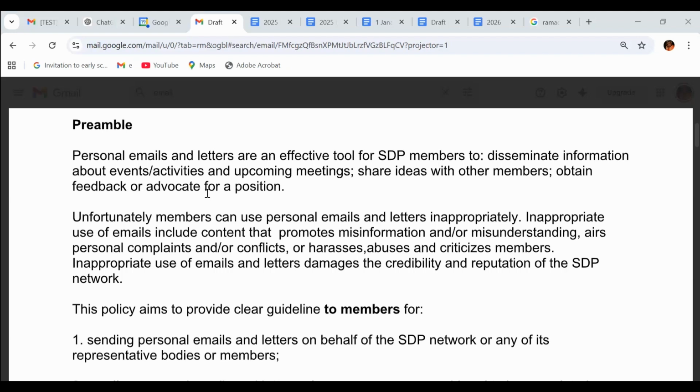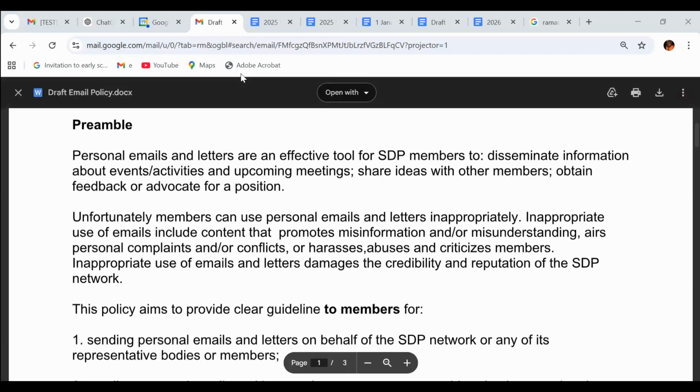I proposed that this could apply to people who are not speaking on behalf of the SDP, but only people who say they're speaking on behalf of the SDP when they're not. So as long as they're clear that they're not speaking for the SDP, that's when I didn't want it to apply. So I was not saying this only applies to people who are speaking for the SDP.